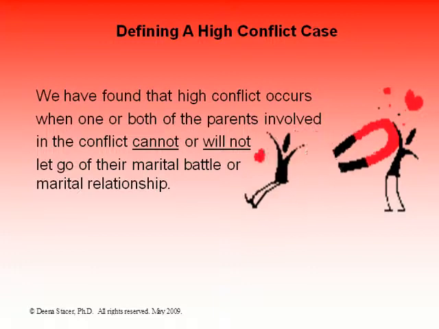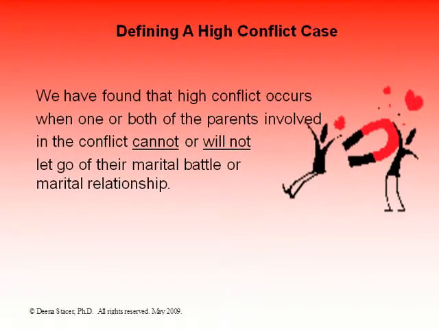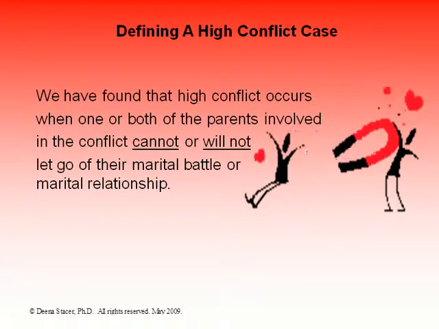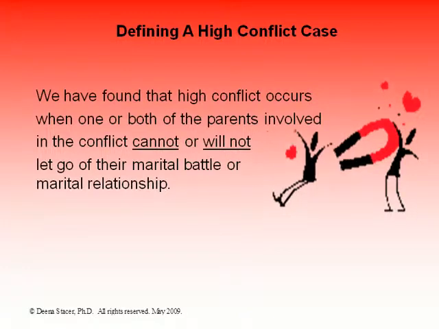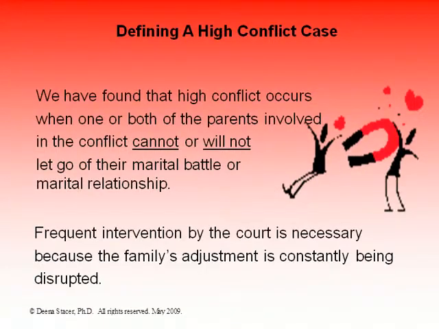High conflict occurs when one or both of the parents involved in the conflict cannot or will not let go of their marital battle or marital relationship. Parents that have children but are not married still have a marital relationship, and the fight can continue whether you're in two homes or one home, even if parents have moved on.